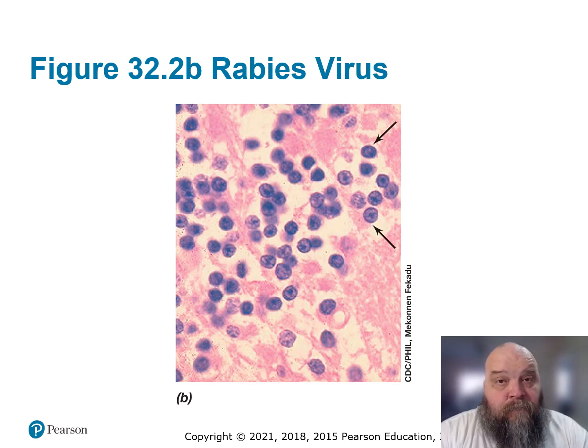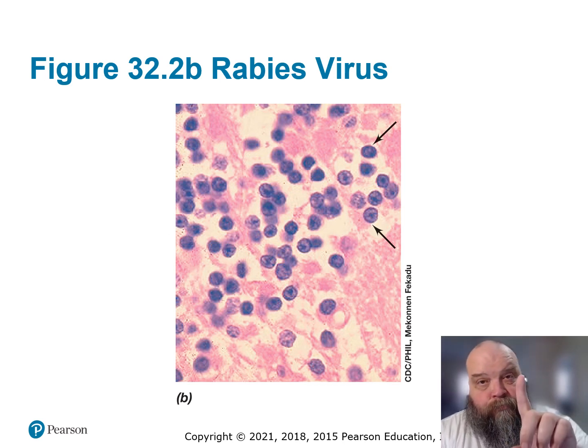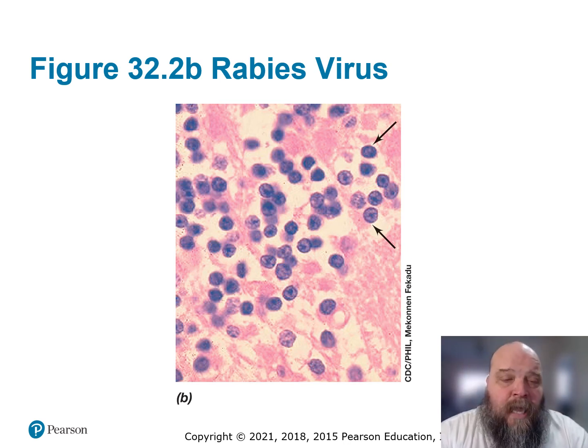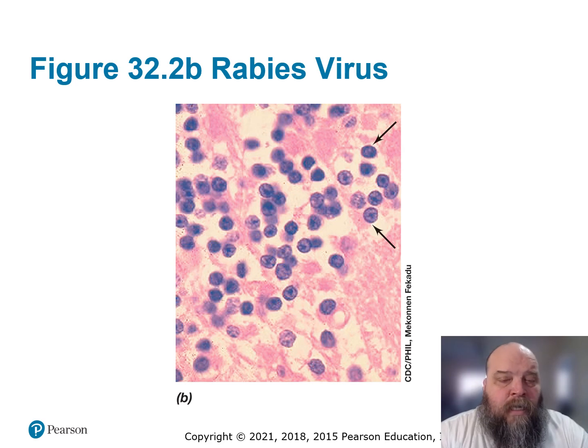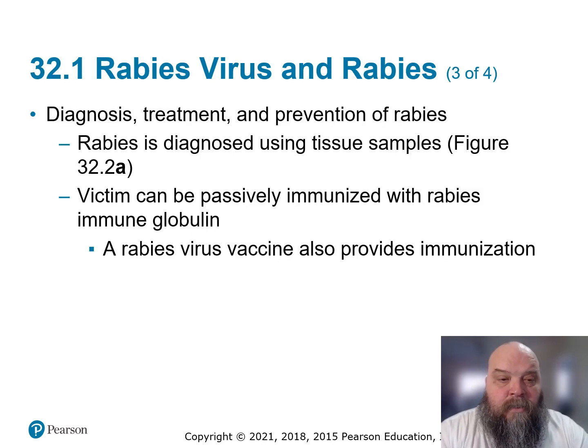So this is going to have to be either autopsy if it's human or necropsy if it's an animal. So yeah, if they have to test for rabies, if they think an animal has rabies, it means yes, they're going to have to sacrifice it first and then take a brain sample. So it's a tissue sample.